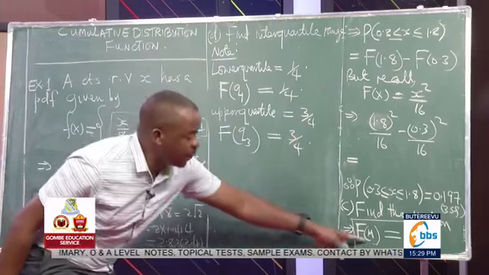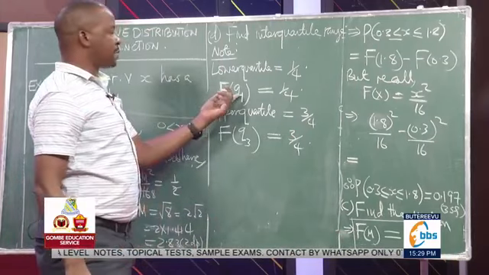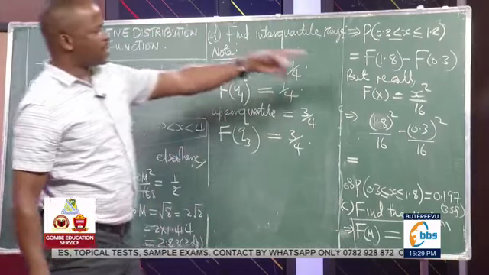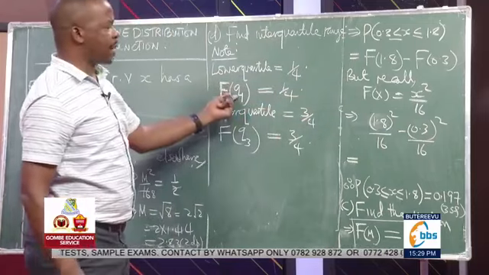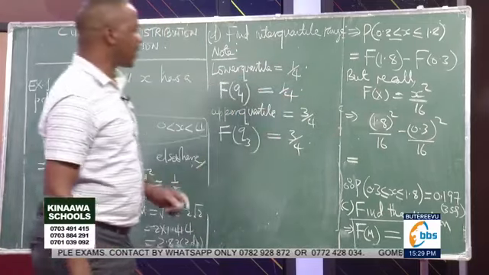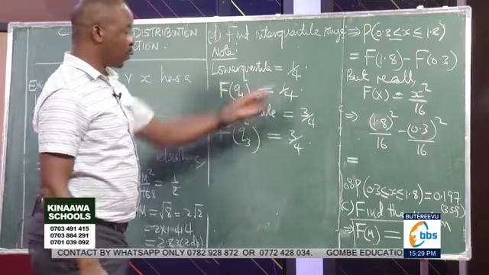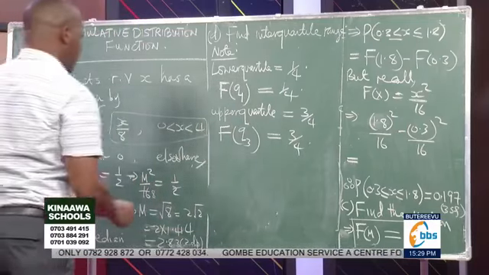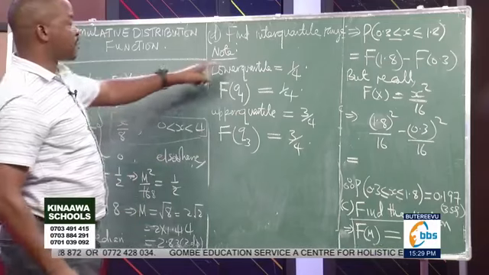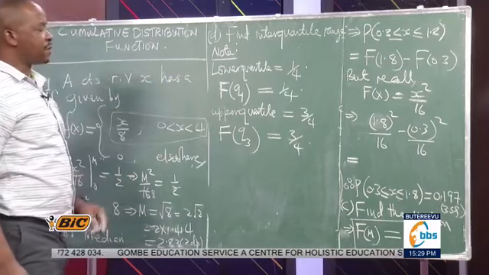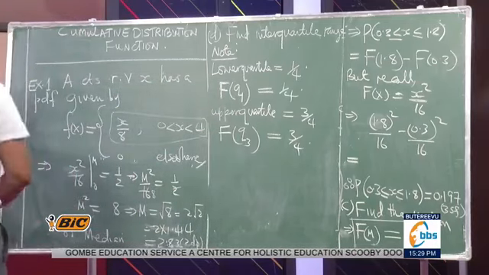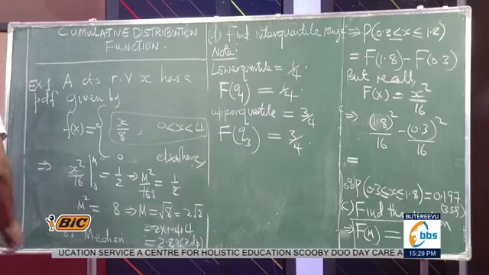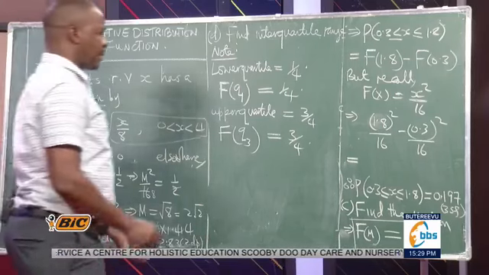Just like we are using F of M, we shall simply substitute in our distribution function, we substitute Q1, we get the value, we equate it to a quarter, and we look for our value of x. And similarly, if we subtract the difference between these two, that is what we call the interquartile range.